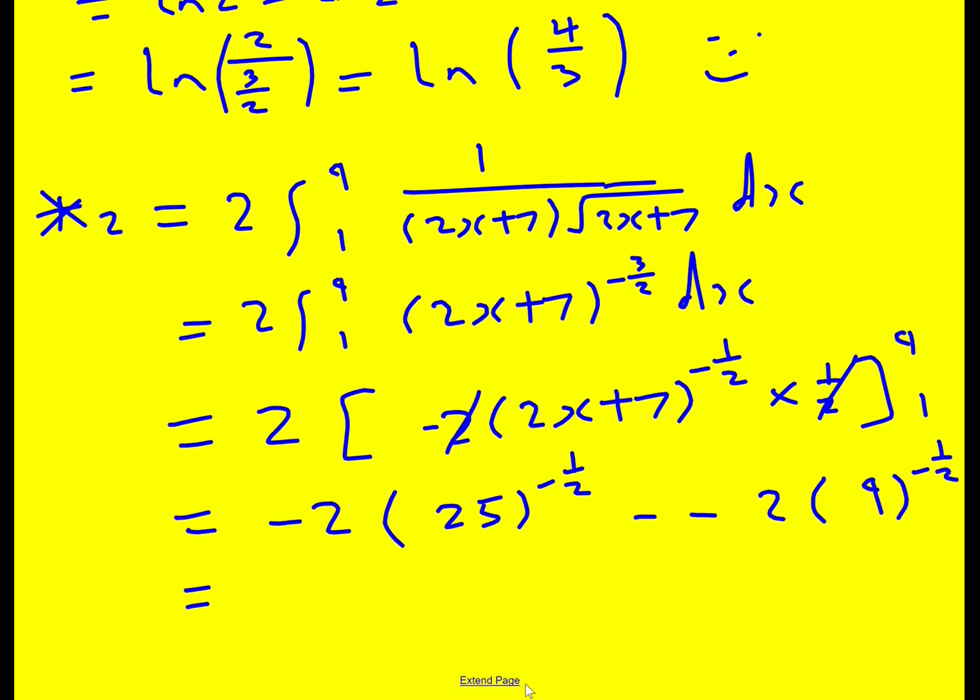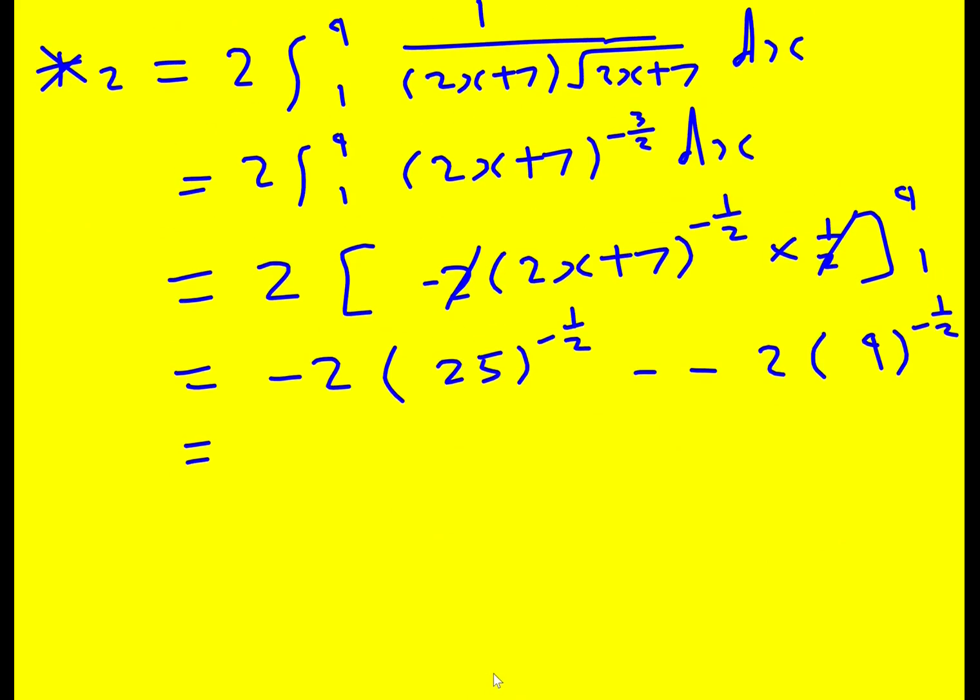And maybe I should have written that as square roots to make life a little bit easier, but I'm going to get 2, because this will become positive, 2 over root 9 minus 2 over root 25. Sorry, I said root 20. This should have been root 25, sorry.